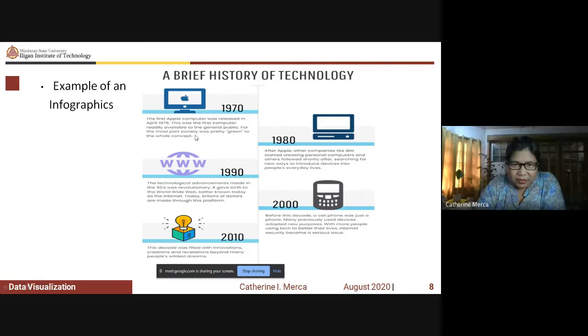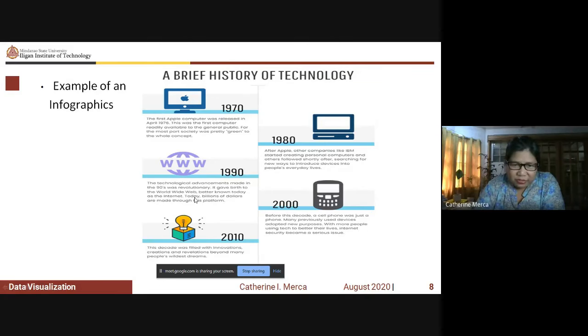For the most part, society was pretty green to the whole concept. Okay. Then 1980, after Apple, other companies like IBM started creating personal computers, and others followed shortly after, searching for new ways to introduce devices into people's everyday lives. Then in 1990, the technological advancement made in the 90s was revolutionary.